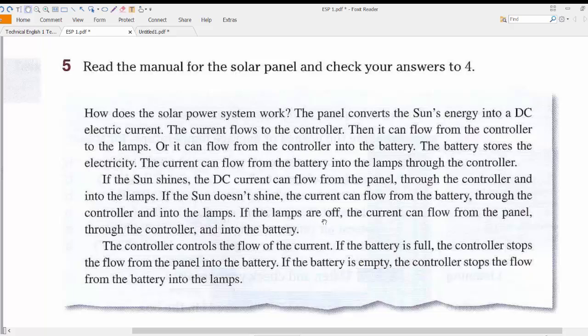If the lamps are off, the current can flow from the panel through the controller and into the battery. The controller controls the flow of the current. يتحكم في تدفق التيار. If the battery is full, the controller stops the flow from the panel into the battery. If the battery is empty, فارغة, the controller stops the flow from the battery into the lamps.